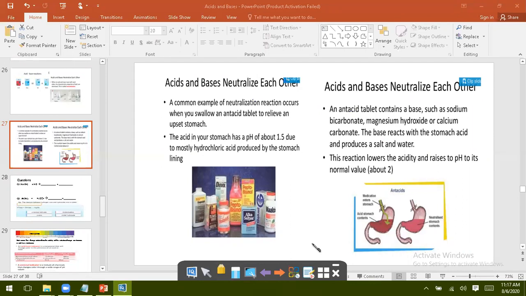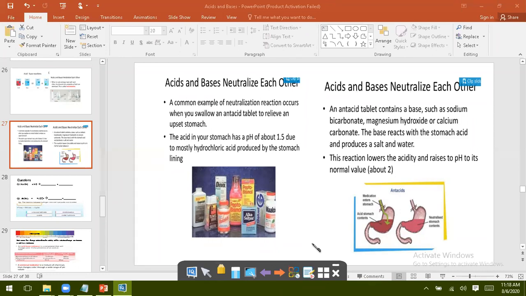One example of a neutralization reaction: a common example occurs when you swallow an anti-acid tablet to relieve stomach upset. The acid in your stomach, hydrochloric acid, produced by the stomach lining, has a pH of 1.5. Anti-acid tablets contain a base such as sodium bicarbonate, magnesium hydroxide, or calcium carbonate.